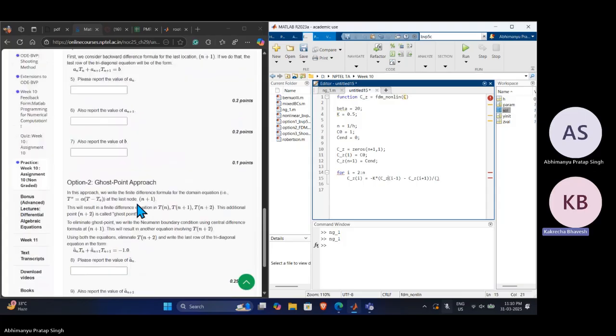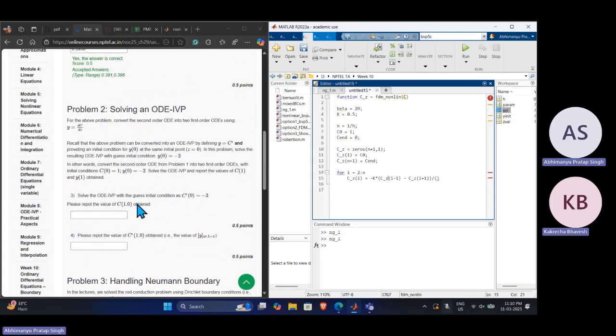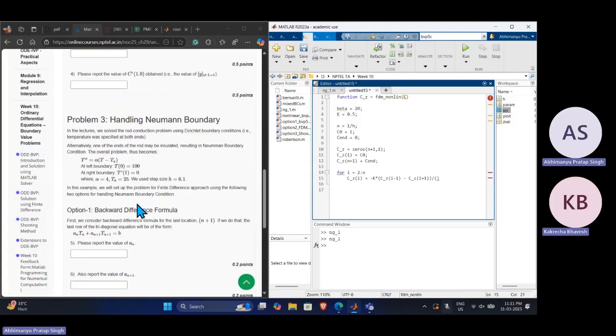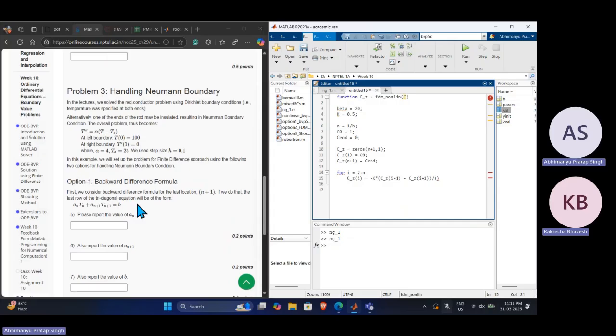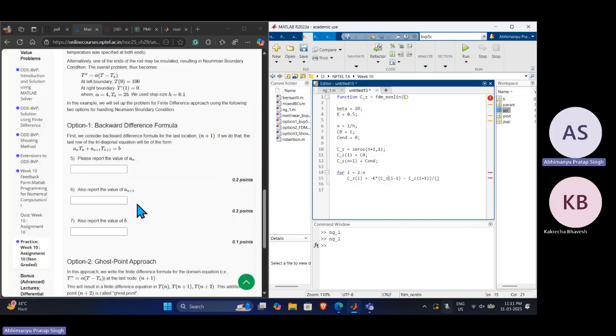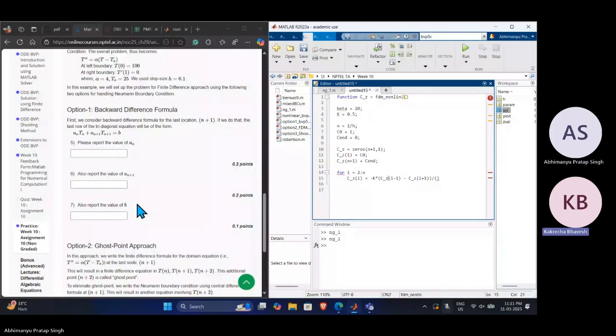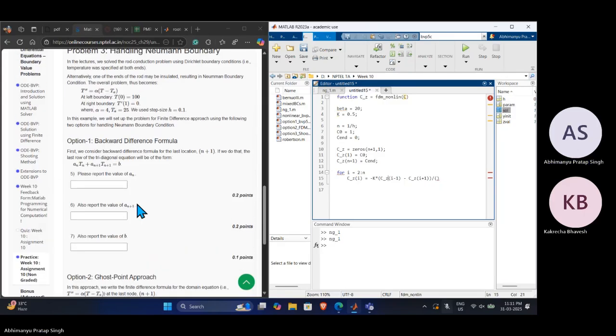That option 1 is written in problem 3. Which part or option 2? Non-graded assignment, week 10 assignment 10, the same assignment.